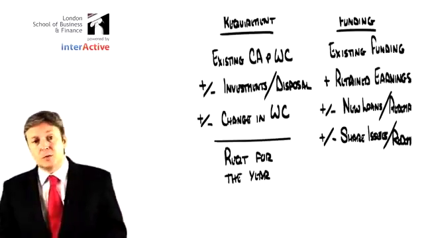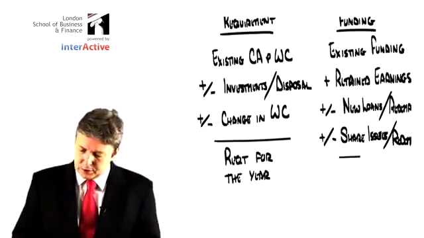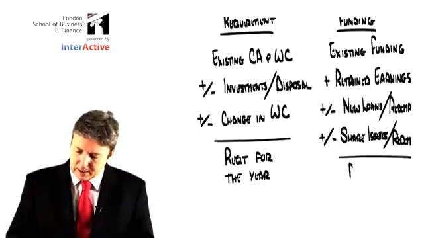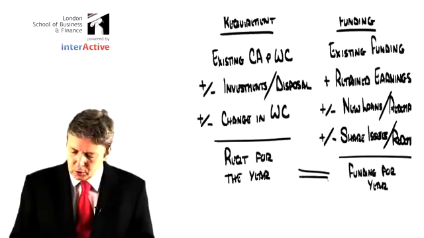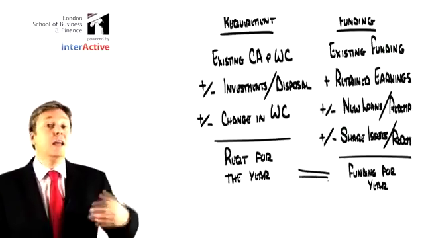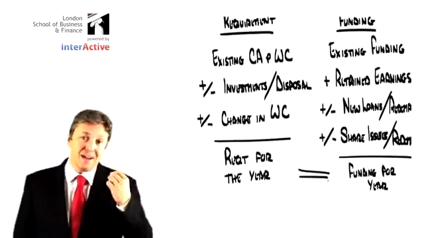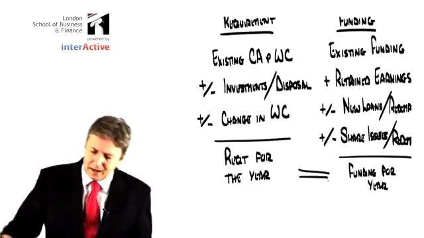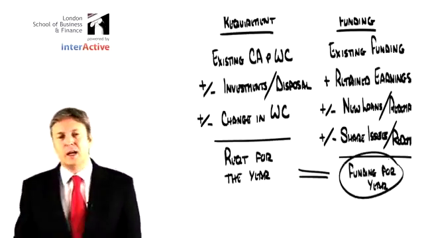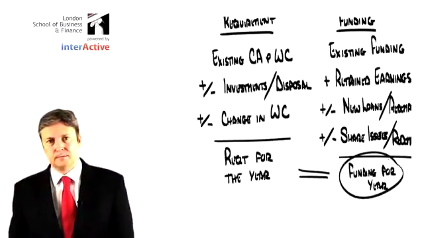Now, those are the bits that we're told about. Therefore we will get the funding for the year. And what we want to do is to make sure that those equate. In a situation where we have insufficient funding, which is the likely issue, then what we would have to do is find a way of raising the extra amount.